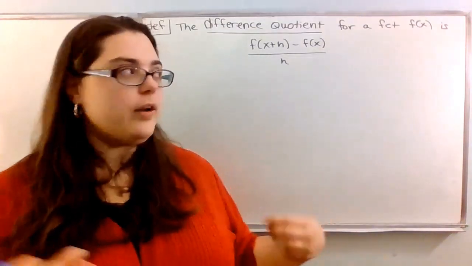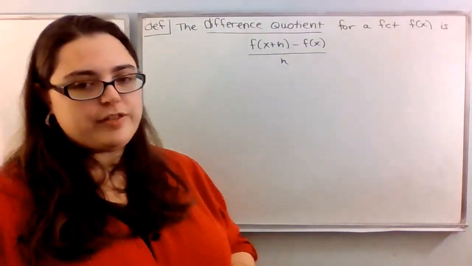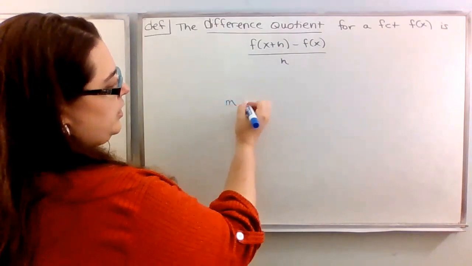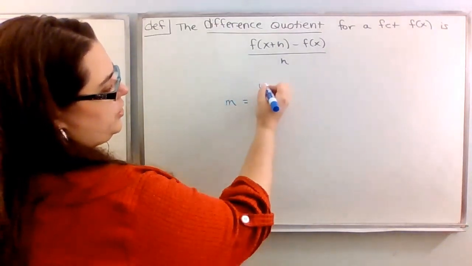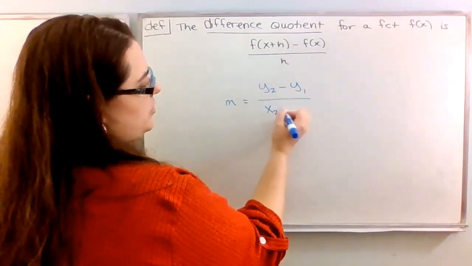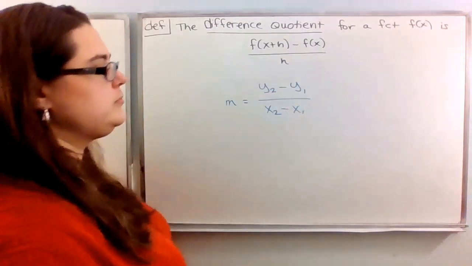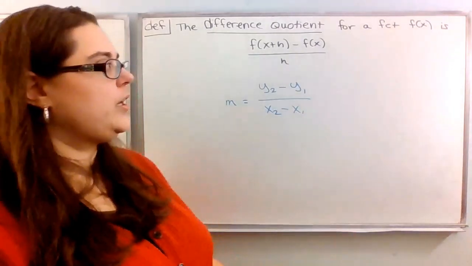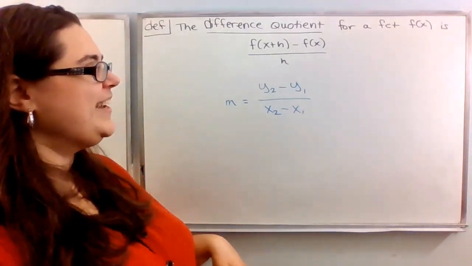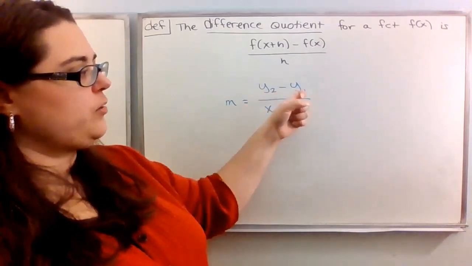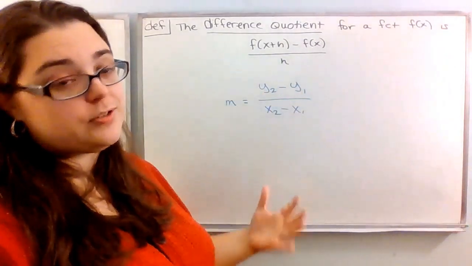Where this comes into play, if you think about your slope formula, your slope is going to be your change in y, so y2 minus y1 over x2 minus x1. Instead of using y2 and y1, we're going to continue with function notation.